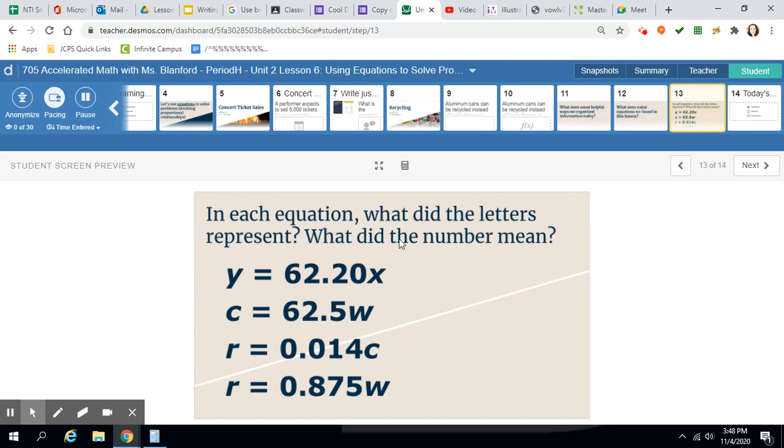Remember way back in the beginning, we had y, the amount of ticket sales, was equal to 6220 times the number of tickets, right? We didn't actually look at this one, and we didn't look at this one either. So we did look at several different equations.